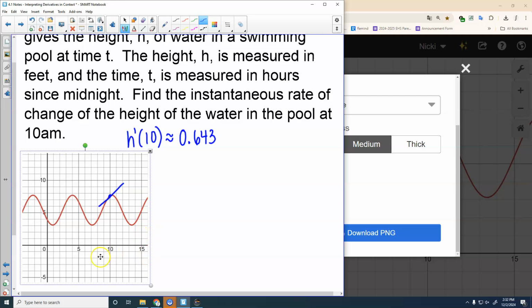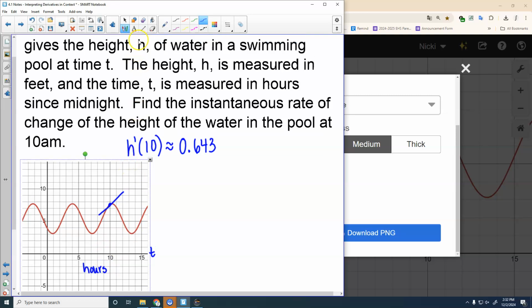What should go on my x-axis? It is t. And what's it measured in? Hours. Okay? And h is my other variable. It goes here. What's it measured in? Feet.